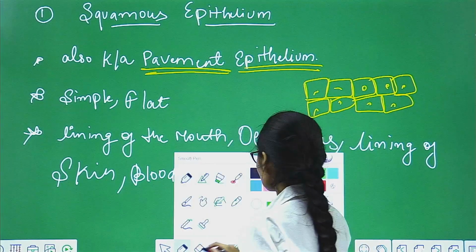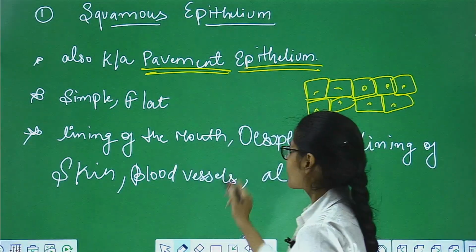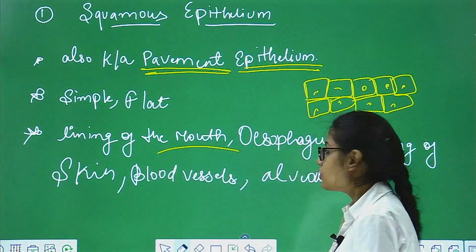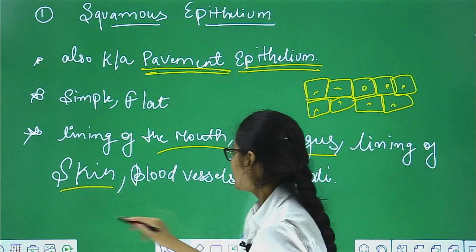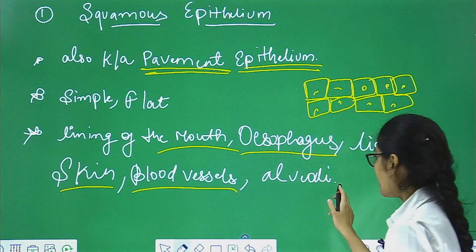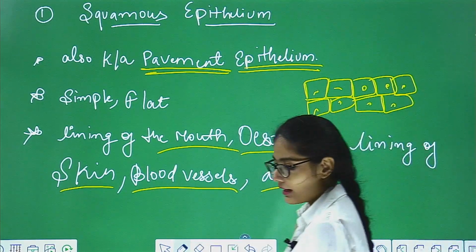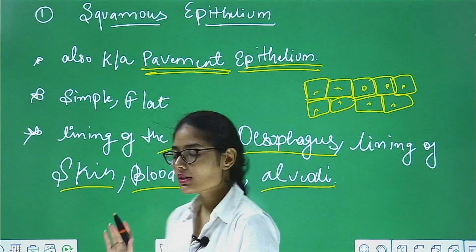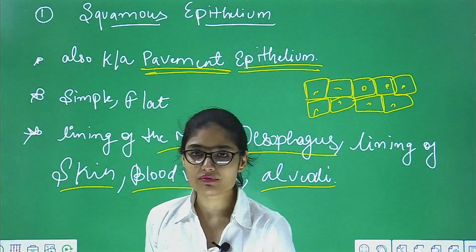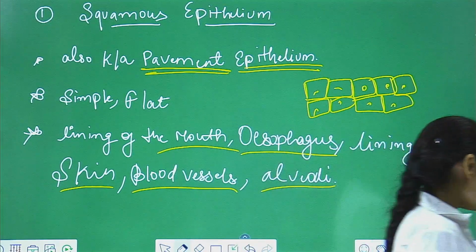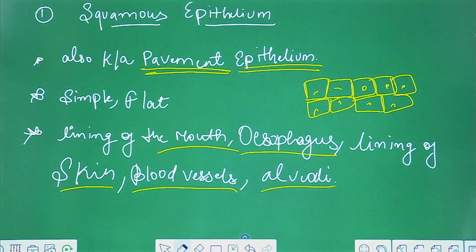Okay, so these are the places where the squamous epithelium is found. Now you can take a screenshot because it will be helpful for you to revise. Okay, and one more thing, its function.